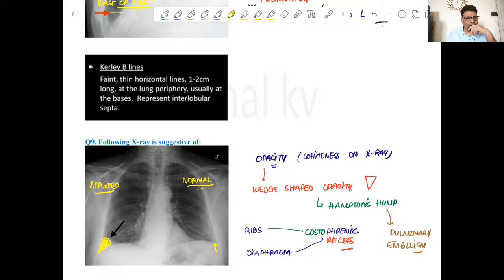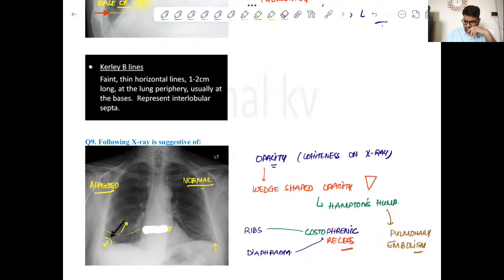Now why this is not pleural effusion? Because in pleural effusion, here you are seeing that this is the upper border of opacity. In pleural effusion, usually we have this kind of upper border of opacity, right? So it is concave upward. Here it is concave downward, right? So this is pleural effusion.